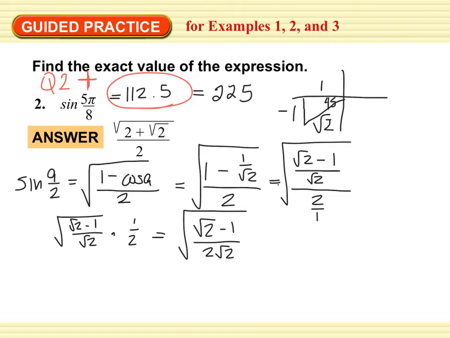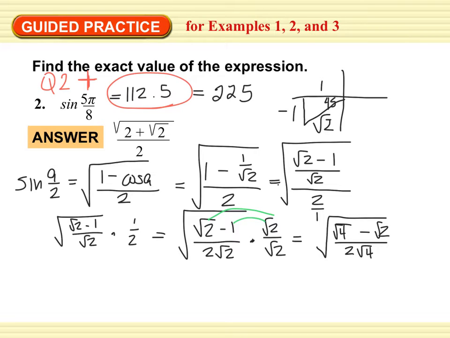Messy, I know. I have to rationalize that, so I'm multiplying it by root 2 over root 2. And the numerator, I just distribute there and there. So I get root 4 minus root 2 all over 2 root 4, which means this needs to be a little longer again.